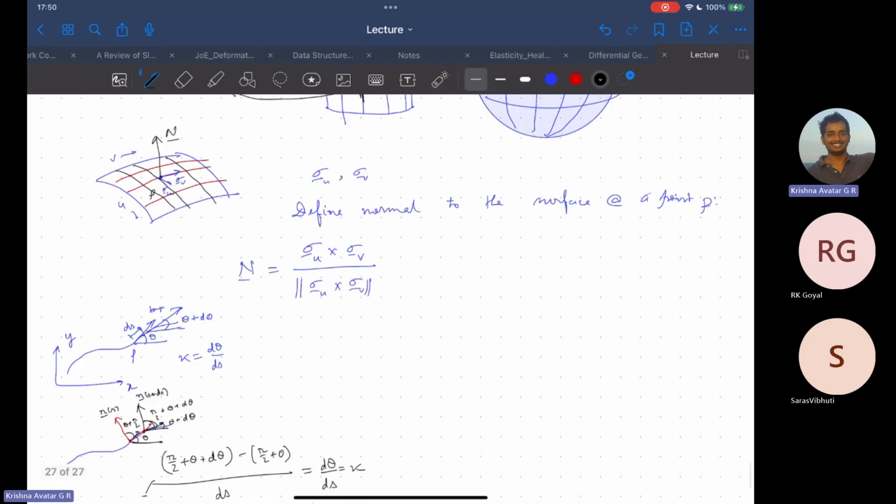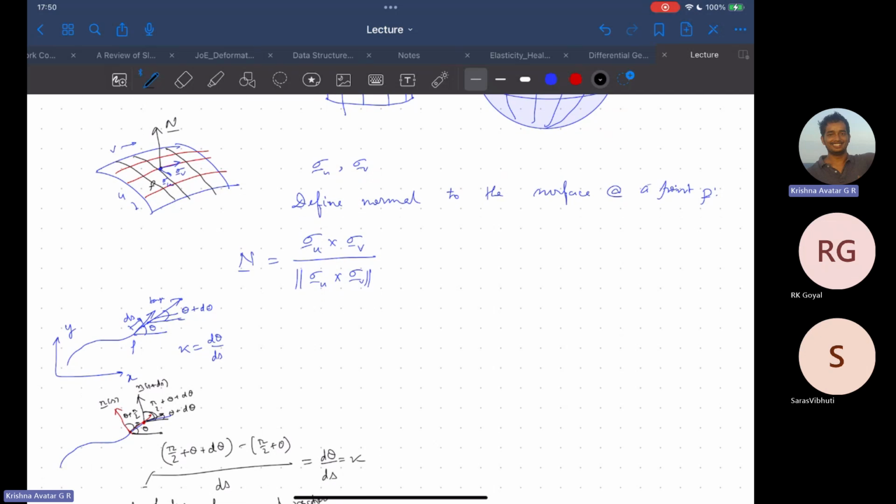So you have this as one point. At this point we had n vector of u, v. And at some point here, let the distance be du along the u coordinate line and dv along the v coordinate line.